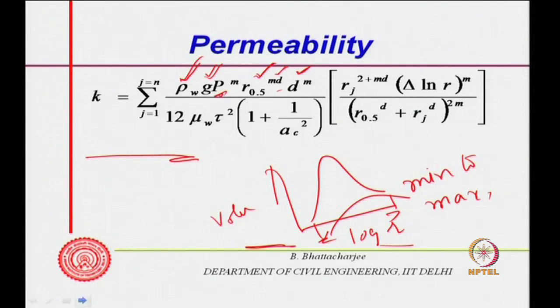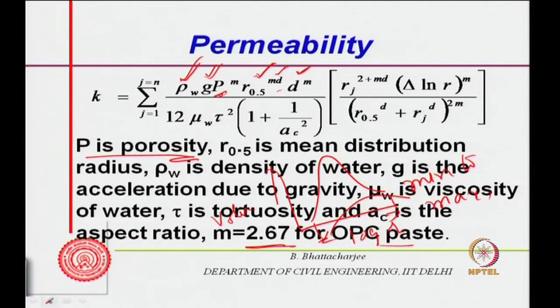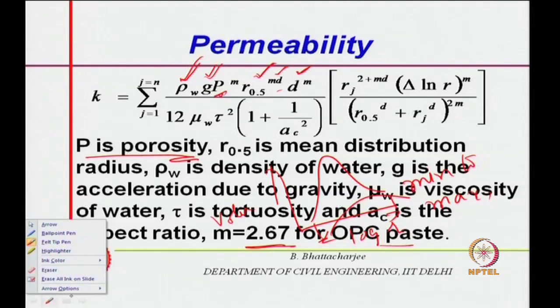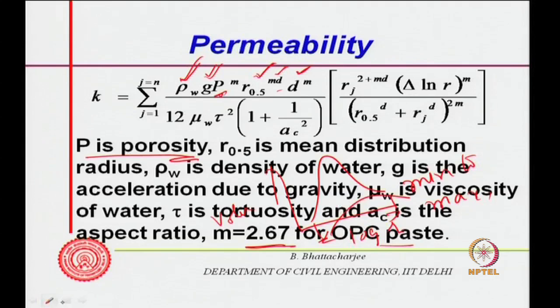D is related to pore dispersion, right. So, this is mean distribution radius, rho is density of water, this is dispersion, and this is J going from 1 to n.